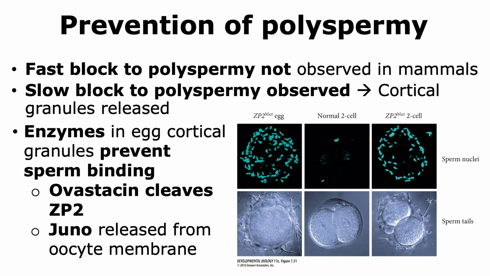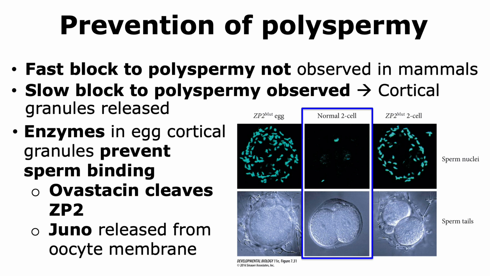Now when we look at this picture, we can see that if we have an egg that is expressing a ZP2 mutant which has the inability to be cleaved, we can see multiple sperm that are interacting with the egg. Now, once fertilization occurs and the embryo is in the two-cell stage, we can actually see that there's really not that many sperm, or barely any sperm, that are interacting with the egg.